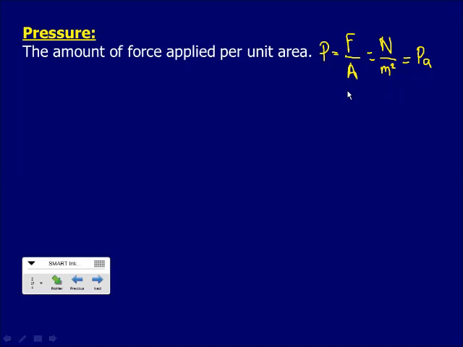So what's 1 Pascal? 1 Pa is equal to 1 Newton spread over 1 meter squared. Now that's just the physical meaning of pressure. I haven't talked anything about gases yet. That's just pressure. It's how much force is being spread over a particular area.